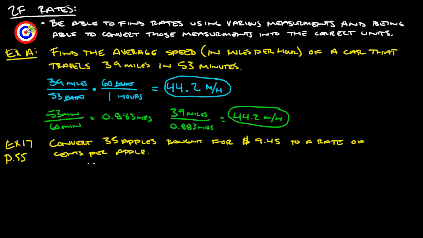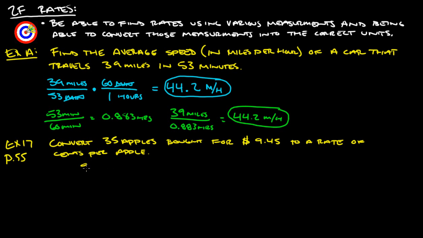Example 17, page 55, tells us that we want to convert 35 apples bought for $9.45 to a rate of cents per apple. They tell you right in the problem how to set it up: cents per apple.